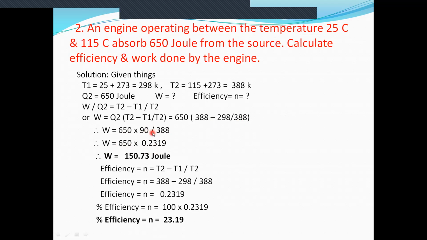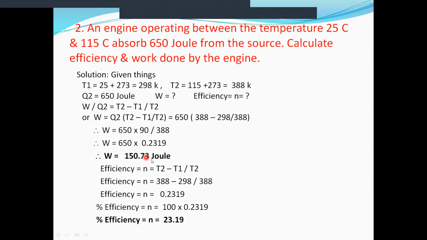Use the calculator. So 90 divided by 388, that is 0.2319. Now multiply 650 into 0.2319, it becomes 150.73 joule. So this is the value of W.